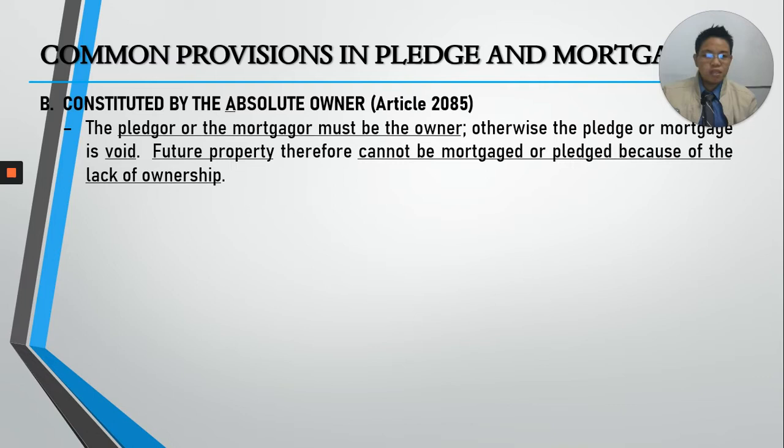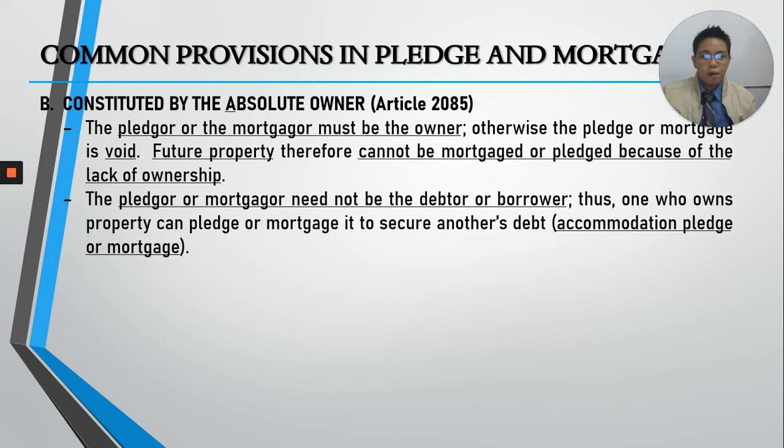Tandaan nyo, which we will discuss later on sa latter part ng ating contract. Also, take note that future property cannot be mortgaged or pledged because there is a lack of ownership. So, ang tandaan nyo, yung pledger or mortgagor, they need to be the owner of the property.